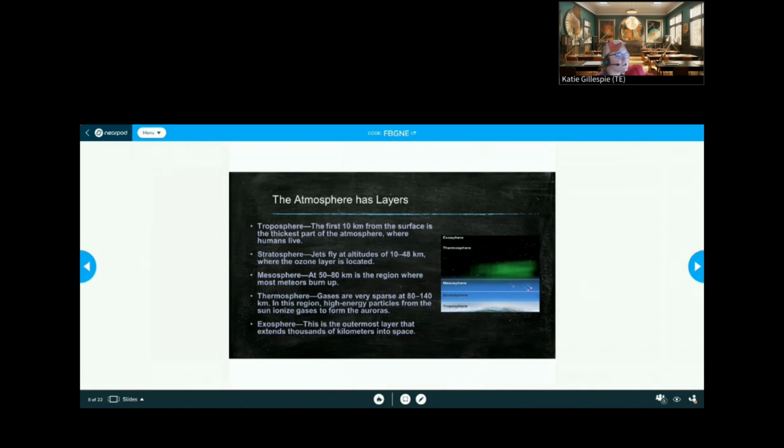Then we have the meso, just like Mesozoic was the middle era in the GTS. Meso still means middle. It's the one that's directly smack dab in the middle, the mesosphere. Meso means middle. 50 to 80 kilometers. This is where meteors burn up typically. If it makes it through that mesosphere, again, I love space.